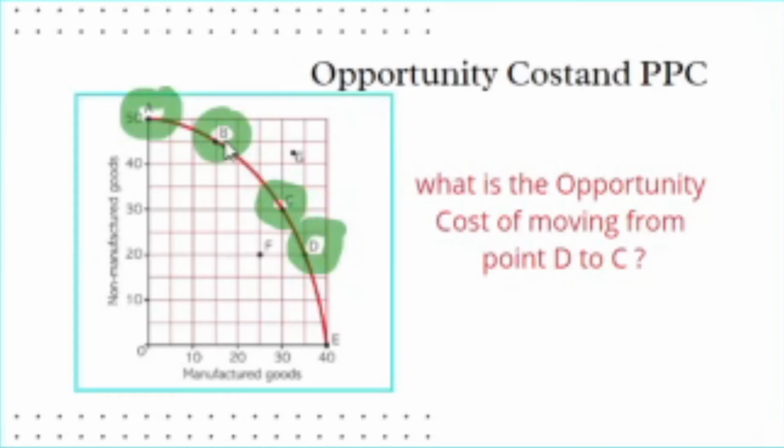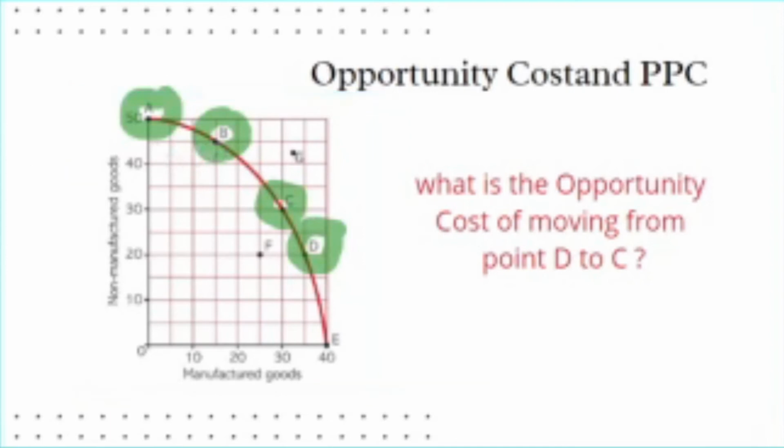So if you move to point B, you can see how many units of non-manufactured goods this economy is producing and how many units of manufactured goods this economy is producing. At point B, this economy is producing 45 units of non-manufactured goods and 15 units of manufactured goods. What has happened?